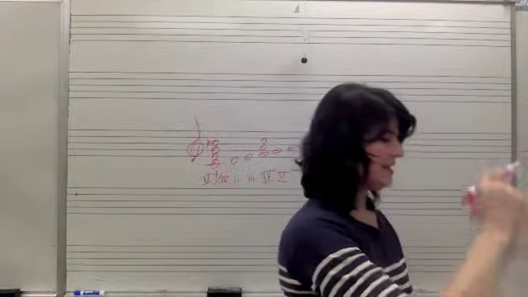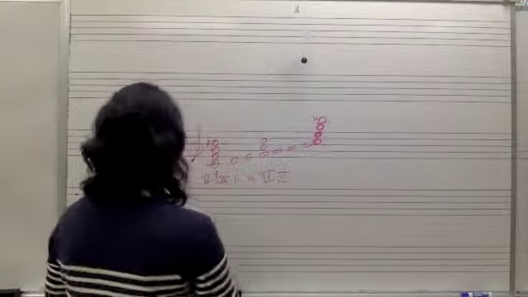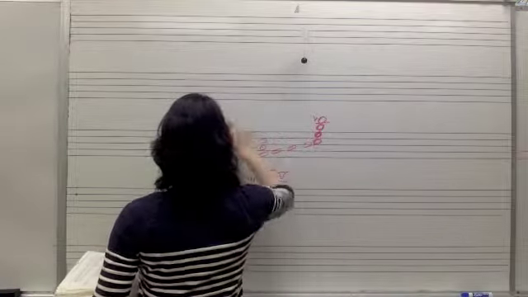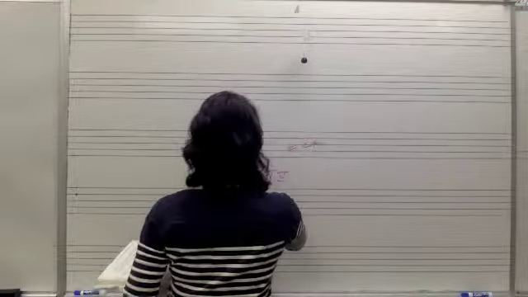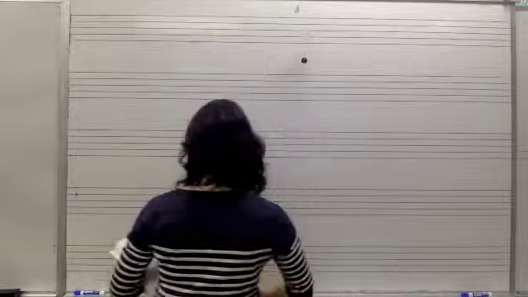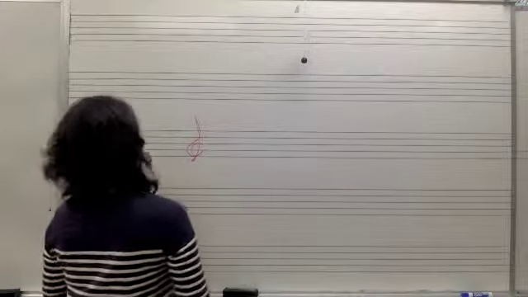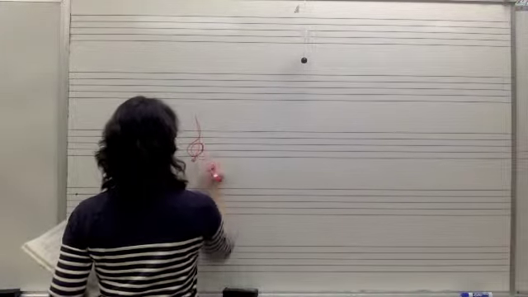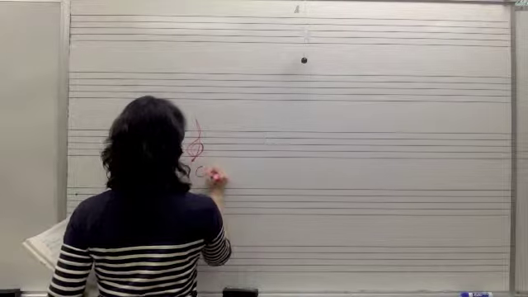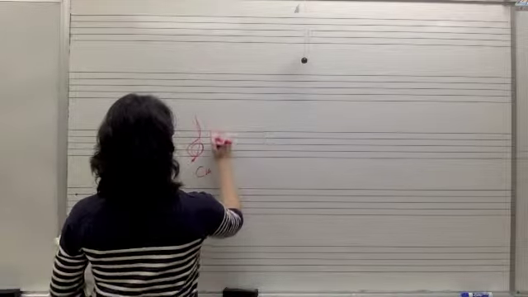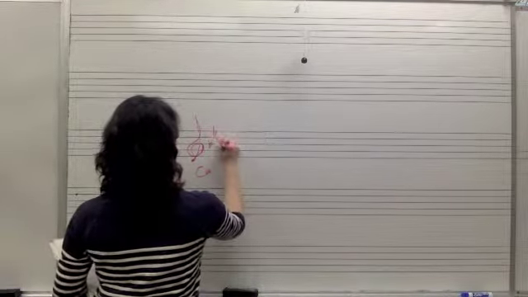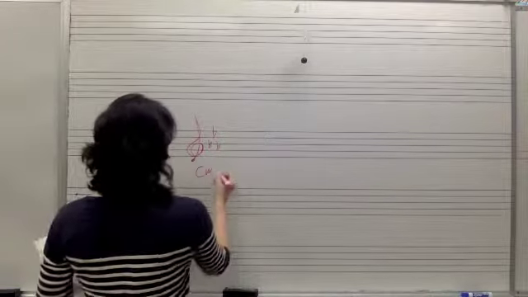So you can see if we do this with a minor key instead of a major key, so we'll stay in C, but now it's going to be C minor, all right? So we've got B flat, E flat, and A flat in the key signature.